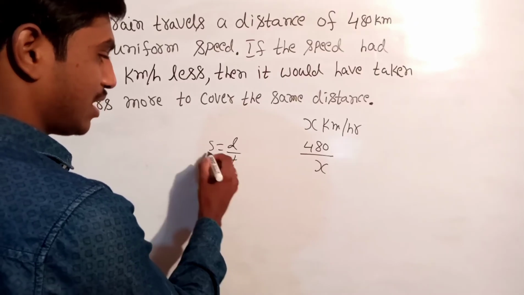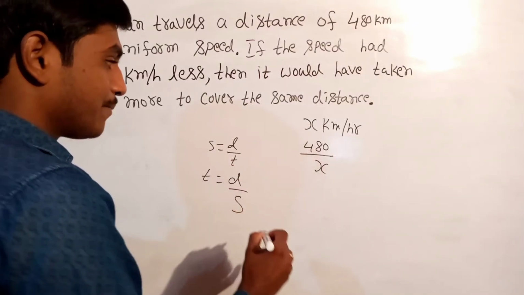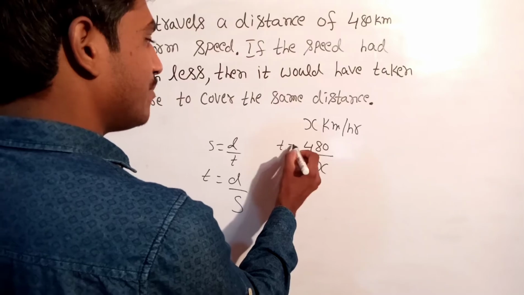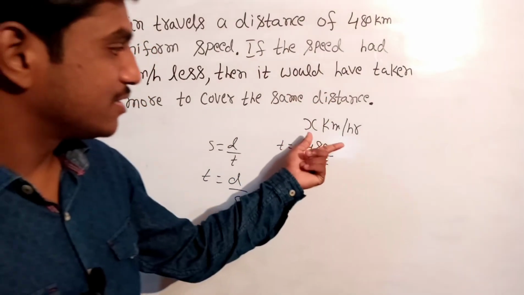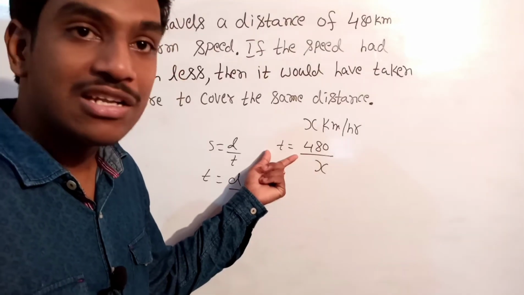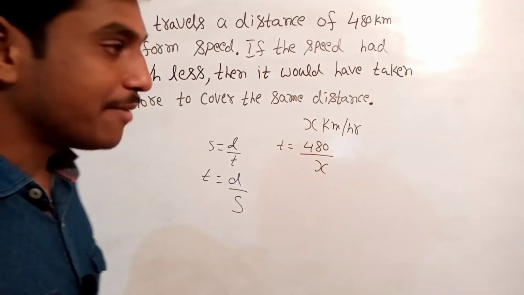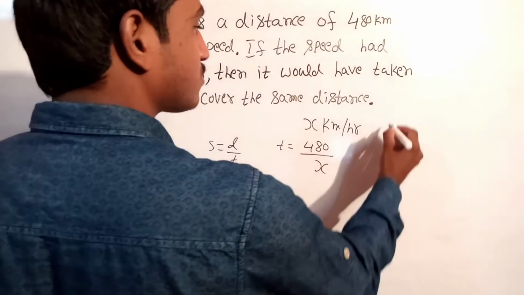Time is equal to distance by speed. So time taken will be 480, the distance, divided by the speed. Speed is x. So the time taken will be 480 divided by x.